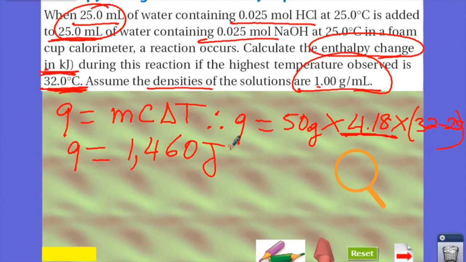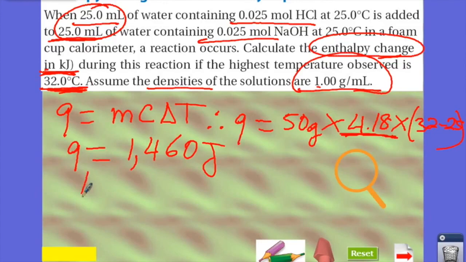But now let's see what happened. Listen carefully. The temperature of the solution went from 25 to 32. That means the water absorbed heat. But when they ask you for enthalpy change, they are asking for the heat of the reaction going on in that solution. So if the temperature went up, that means the reaction going on in that solution is releasing heat.